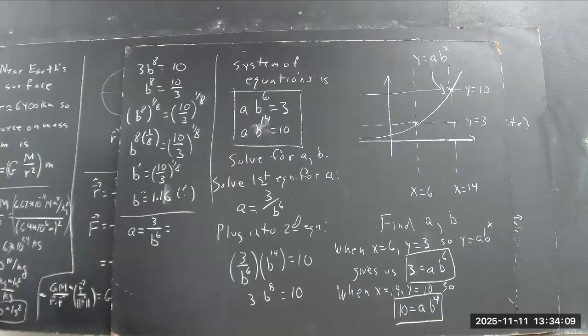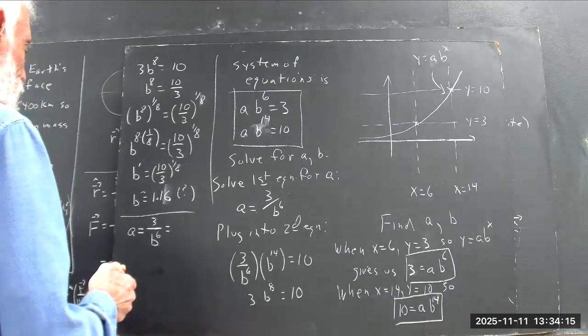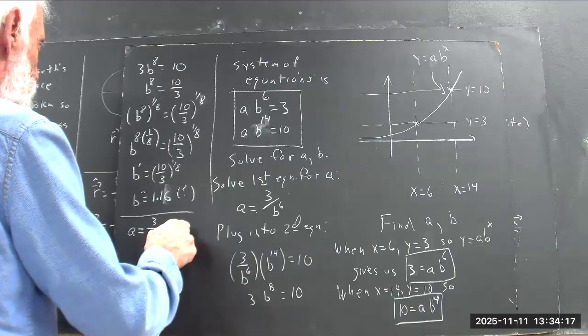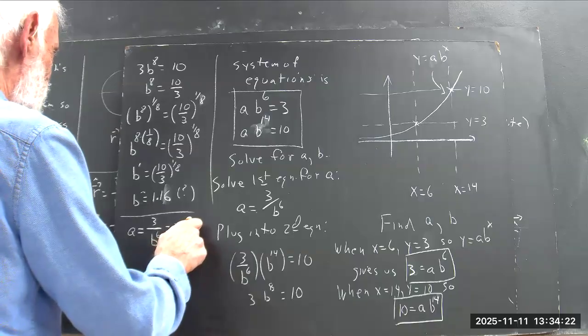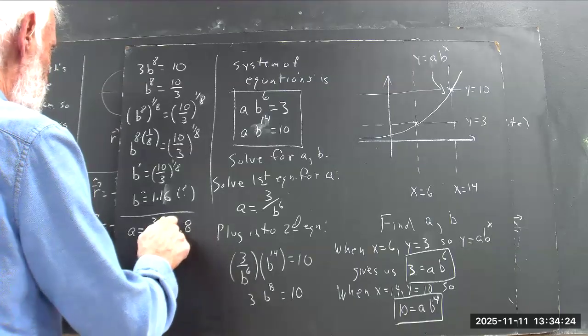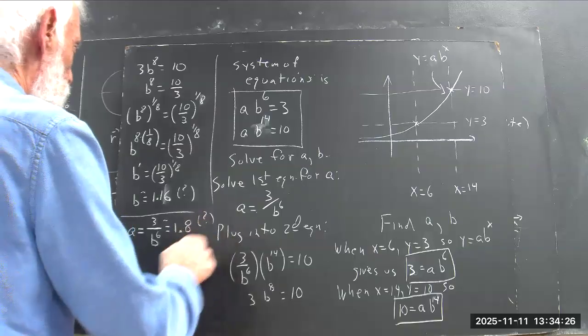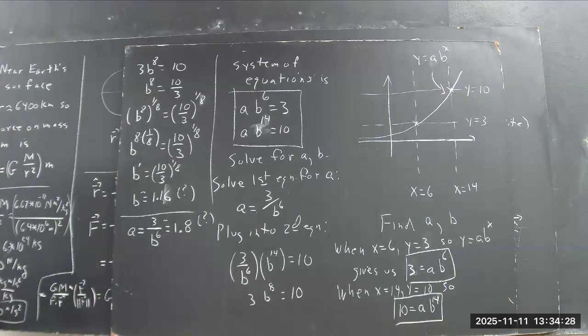If I cube it, it's going to be like 1.6. 3 divided by 1.6, I think that's going to be about 1.8 or so. Big question marks there. I got it in the calculator. Somebody can tell me what it really is.